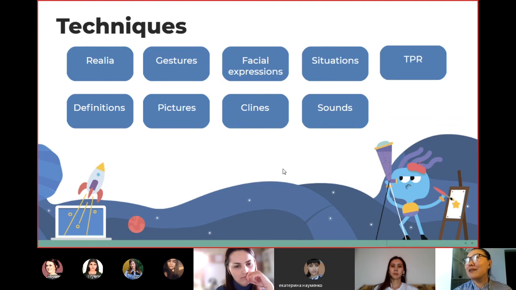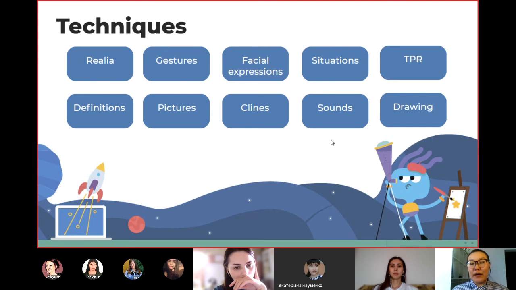Once I met an exercise, not presentation but practice, when students had to listen to different sounds and guess the transport. Great. But be careful with sounds. They should be quite obvious for students. Okay, and the last one, drawing. Quite entertaining, interactive, and fun way to present different vocabulary.